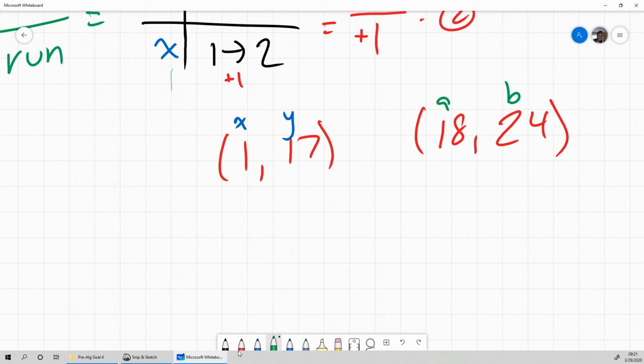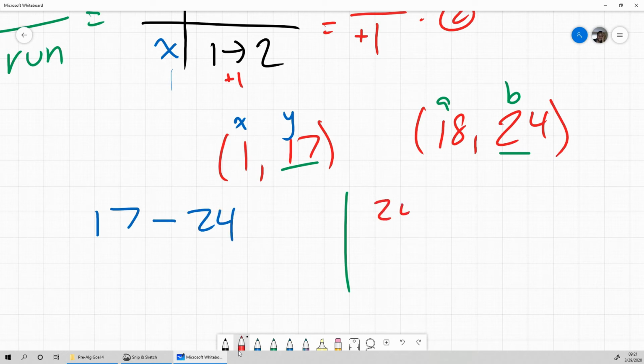So I'm going to subtract my y's first. The order does not matter. In fact, I'll show both versions. On this version, I'll do my first y minus my second y. On this version, I'll do my second y minus my first y. Now, this is our rise. We also need our run.